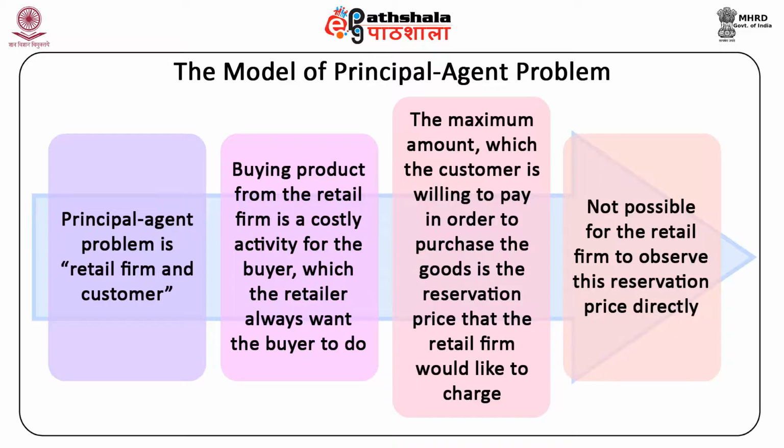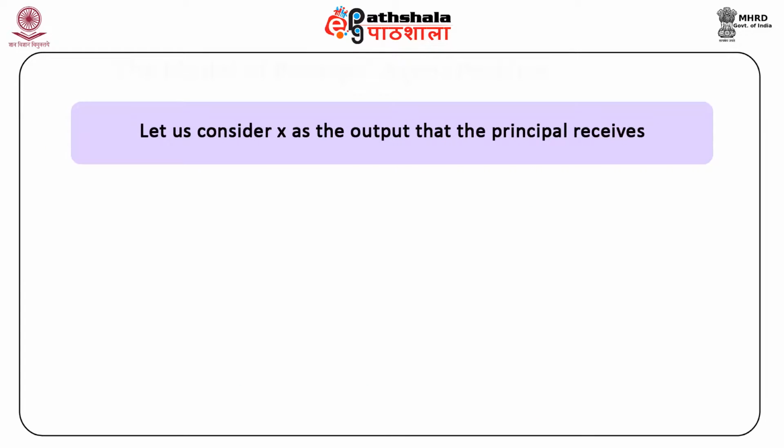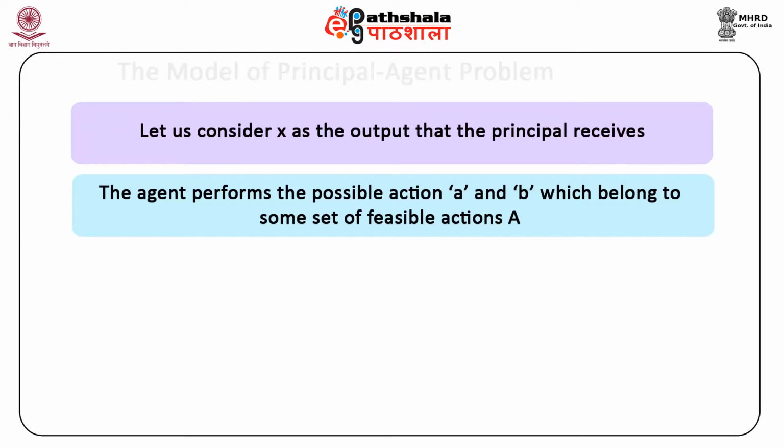We describe below the manager worker problem as the principal agent problem. Let us consider X as the output that the principal receives. The agent performs possible actions A and B, which belong to some set of feasible actions A. Also assume that there are only two feasible actions, though we do not put this constraint right now.